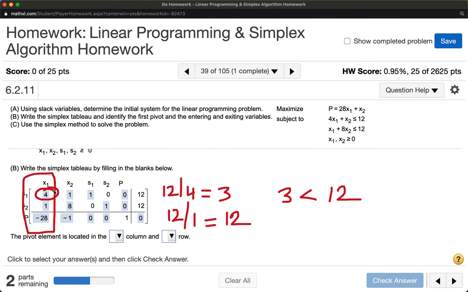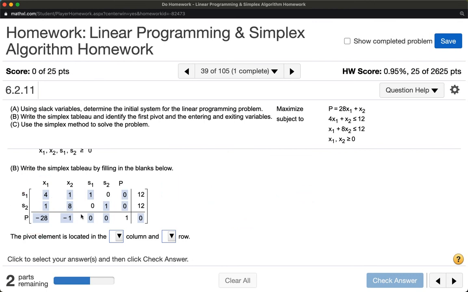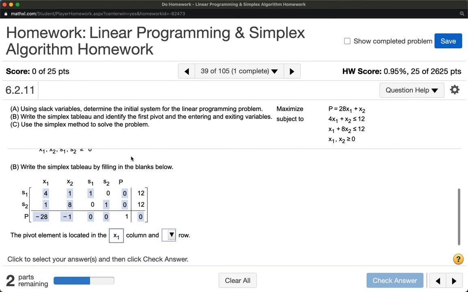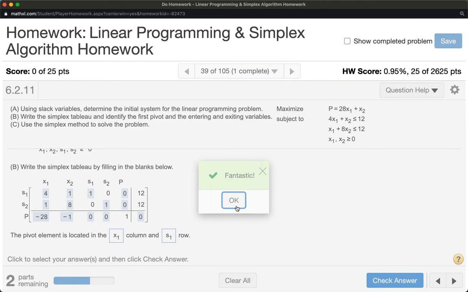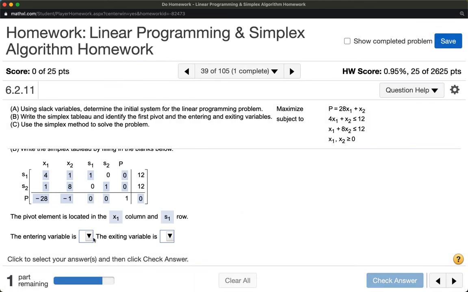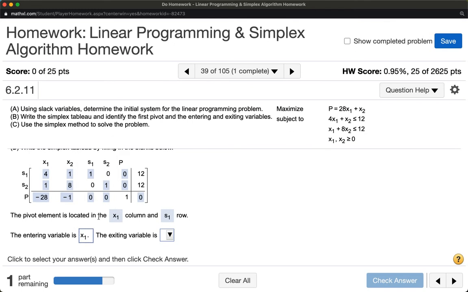So the pivot element is located in the x1 column and the s1 row. The entering variable is x1, that's the column variable, and the exiting variable is the row variable, which is going to be s1.